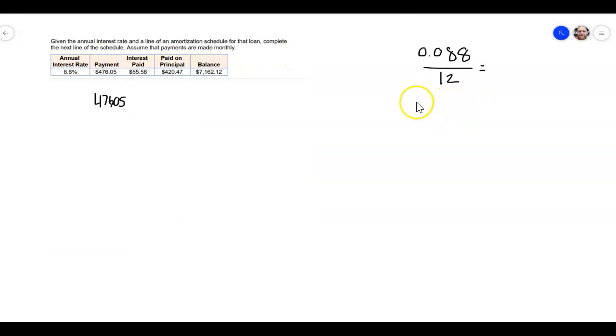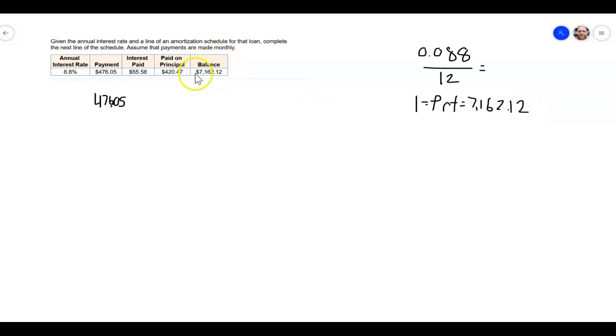And then we're going to figure out the interest using the simple interest formula, which is just PRT. We should be familiar with that. So the principal is going to be based off of this amount here, 7162.12.